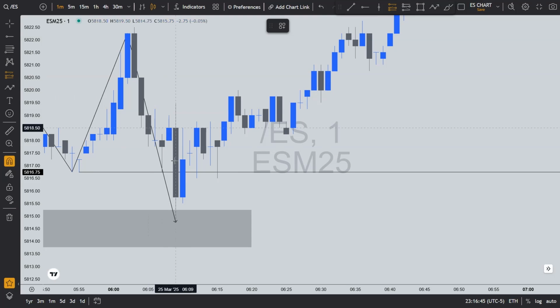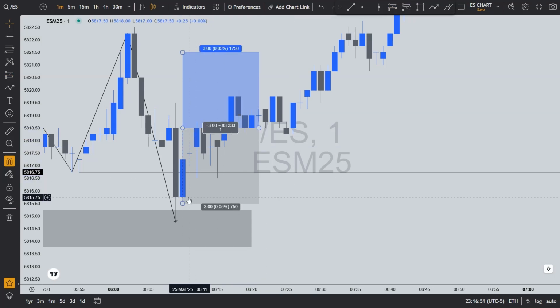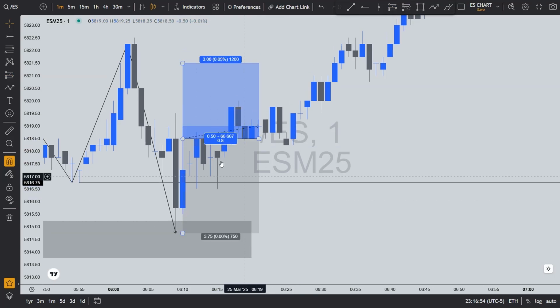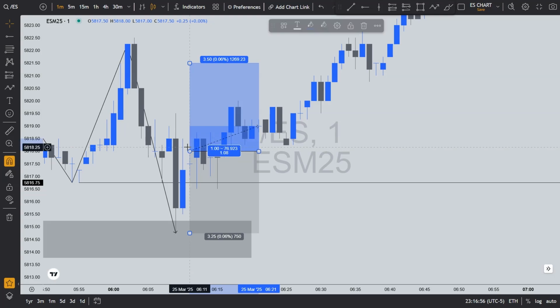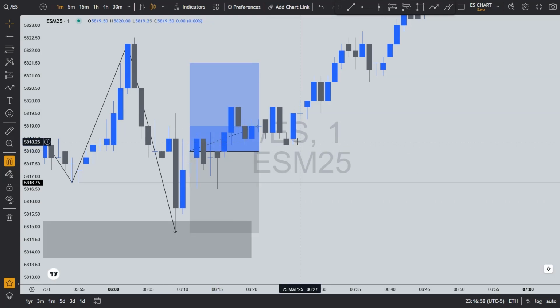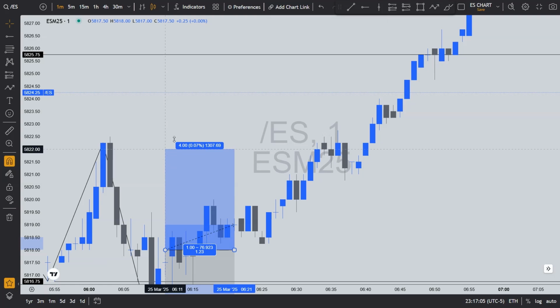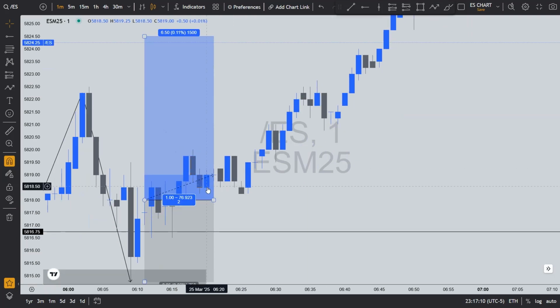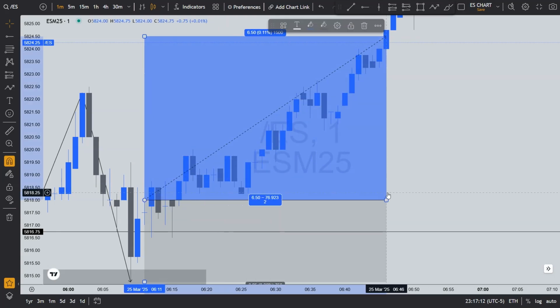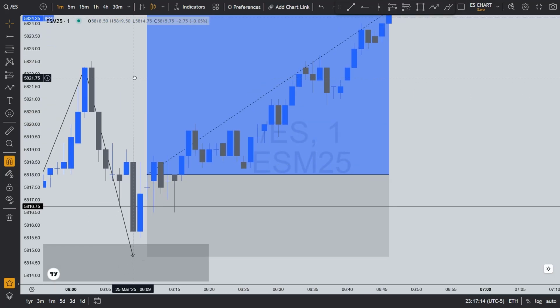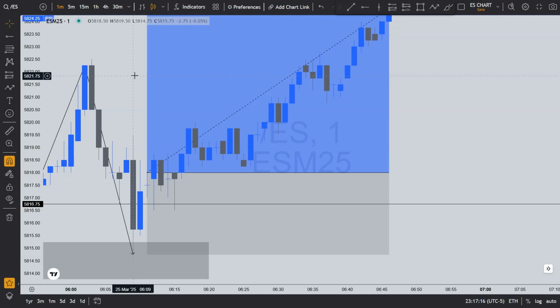Price printed this bearish candle right here, and I think it was this one, this doji. A break of that candle, and then my stop loss was still below this low, and my TP was a 1 to 2 right here. And so this was my entry on a 1-minute.